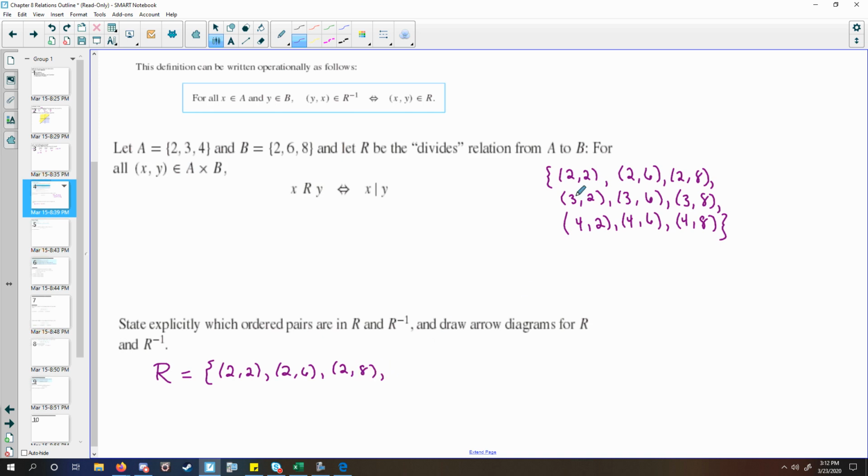We check the next. 3 does not divide 2, so we skip it. 3 does divide 6. 3 does not divide 8, so we skip it. 4 does not divide 2. 4 does not divide 6, but 4 does divide 8. So these would be the 5 values included in our relation.